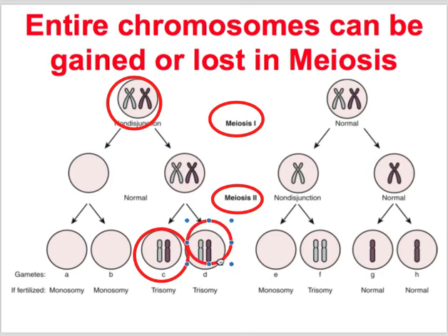Same with this one. So what you end up with is that when the other cell comes along with 1 chromosome in it, see how this is going to come in here? That's why you get trisomy: the normal cell comes in, combines with these 2, and now you have 3 of the same chromosome.